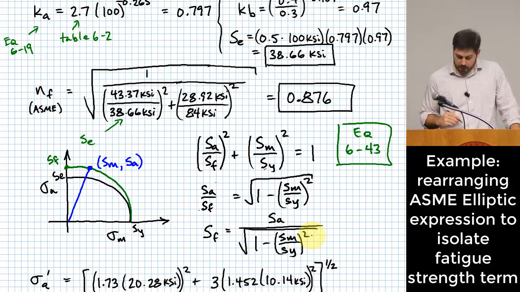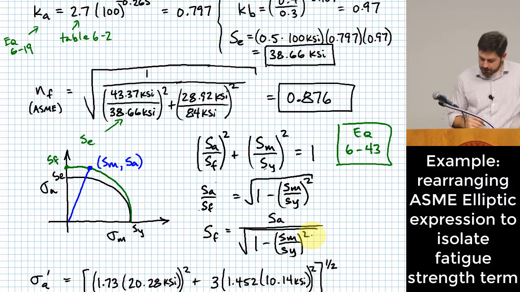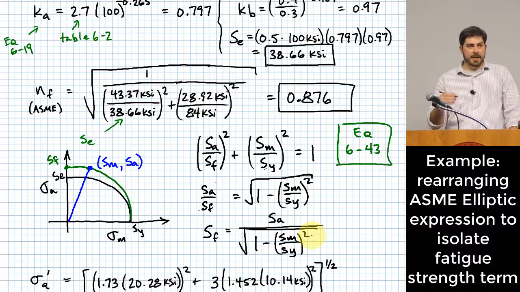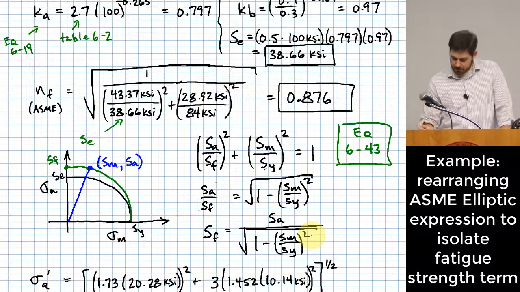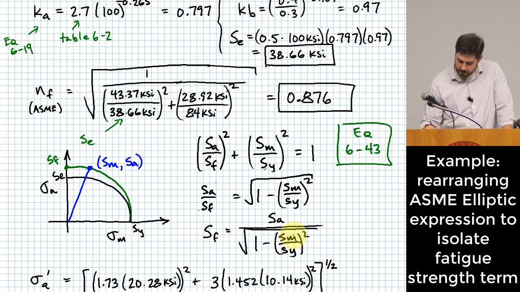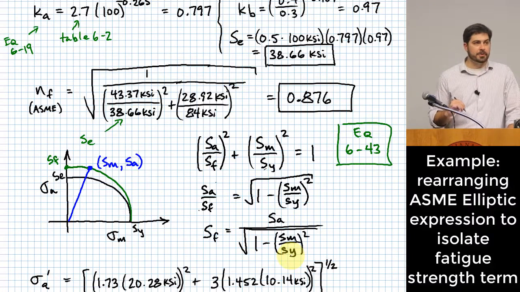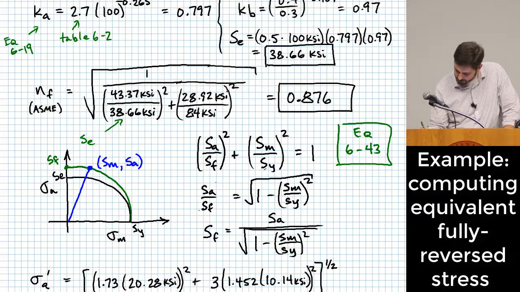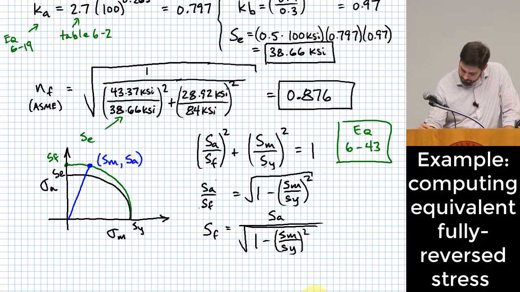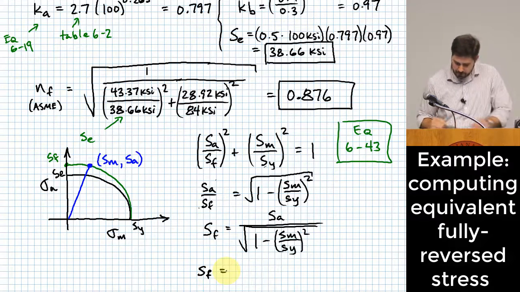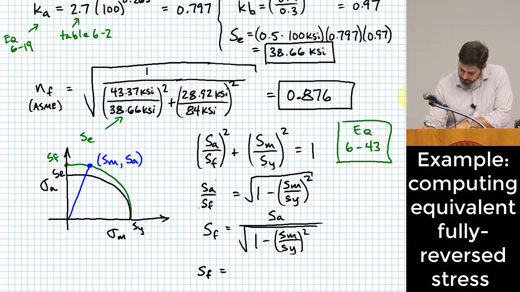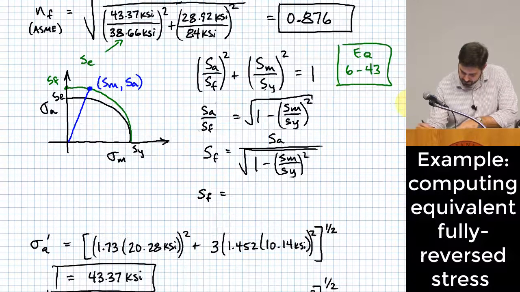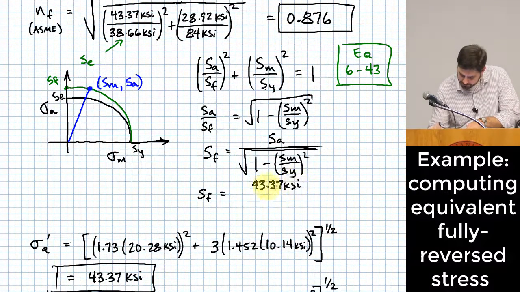Okay. How do we use this? Well, we plug in our values for sigma prime A and sigma prime M in for SA and SM. We plug in our value for yielding strength into SY, and we solve. Okay, so we'll go ahead and do that. SF is going to be equal to, sigma A there was 43.37 KSI.